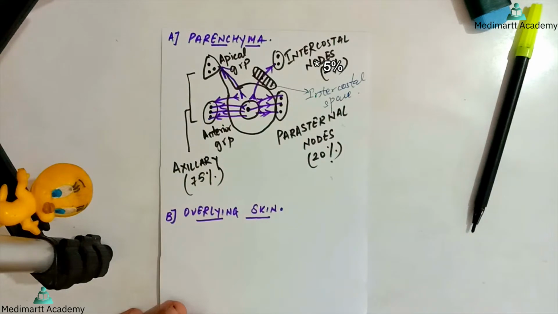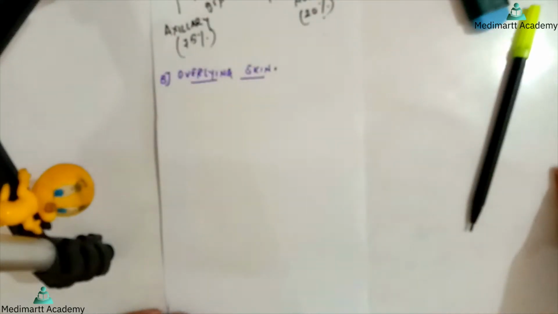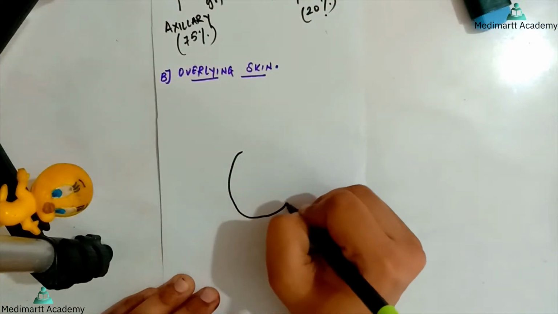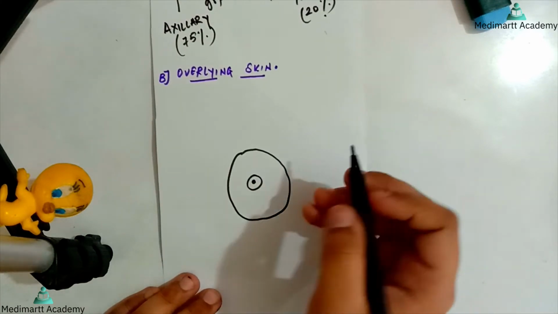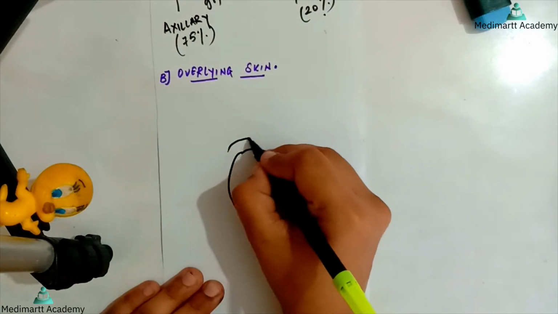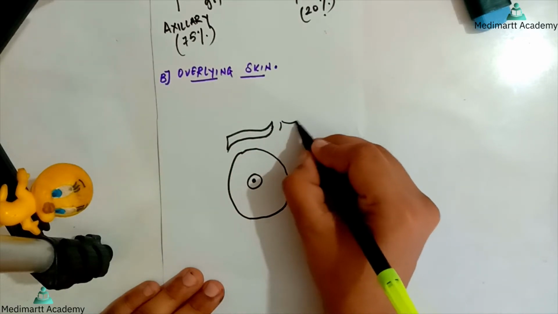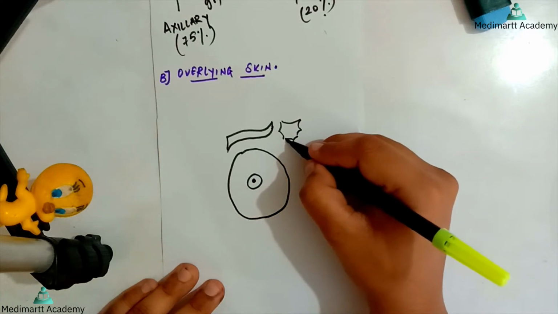Okay, now we will come to the overlying skin. So first again we will draw the breast, or I guess the mammary gland, areola and the nipple. Above the breast will be the clavicle. Medial to the breast will be the sternum. So I'm drawing the sternum.